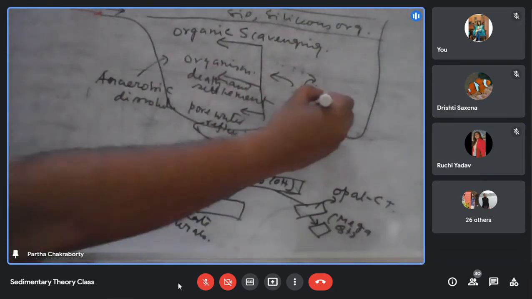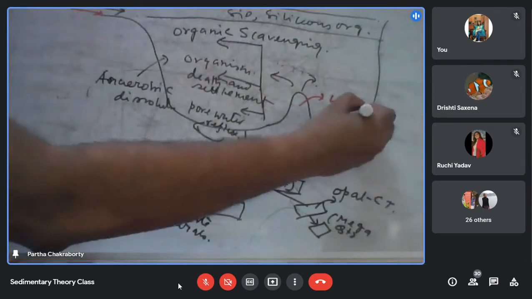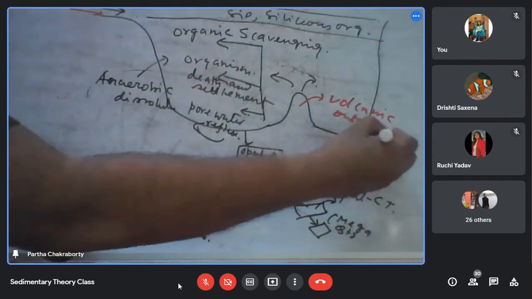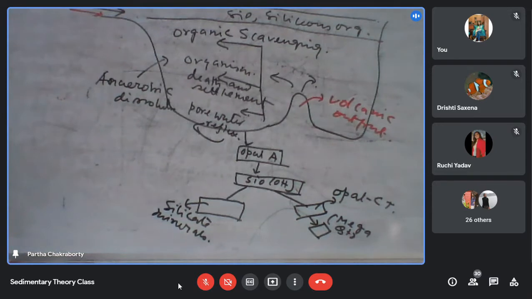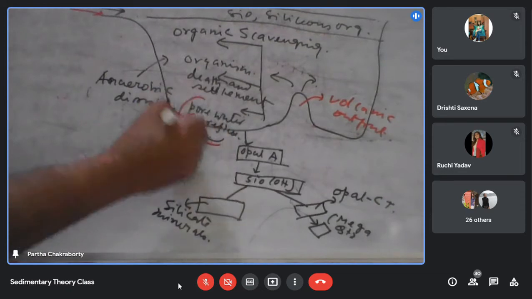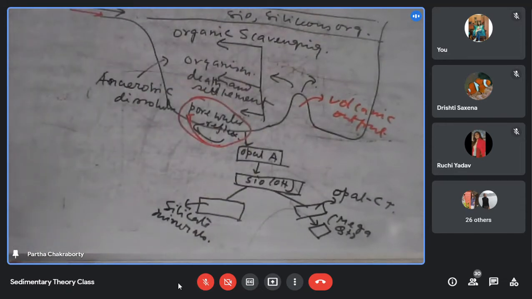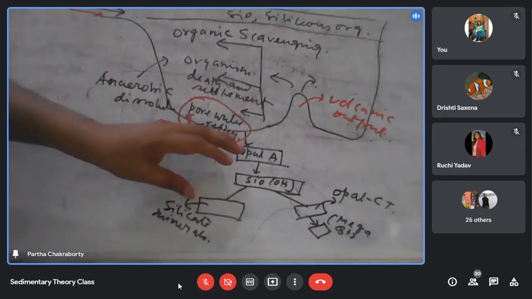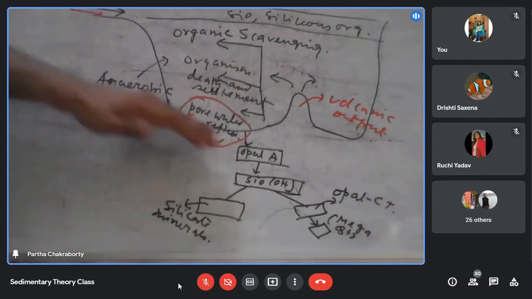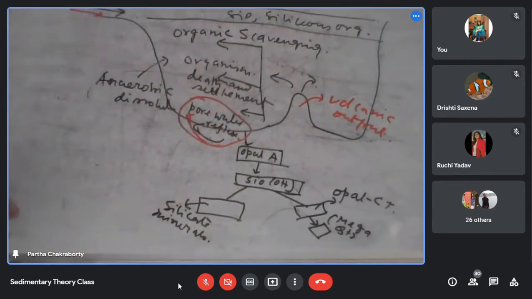Then there is the volcanic output, this is another source of silica. And the third source, what I talked about, is the pore water reflux. That means the silica solution in the pore water becomes more concentrated and refluxes within the basin. How it becomes concentrated, I will discuss.